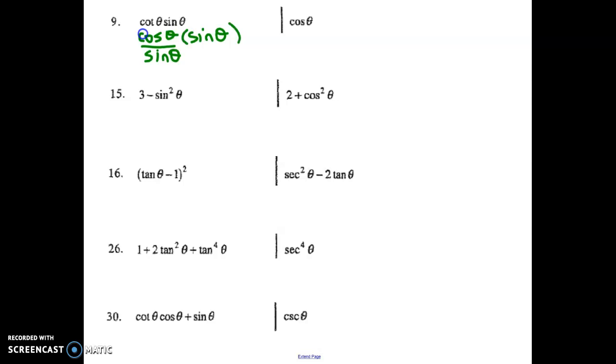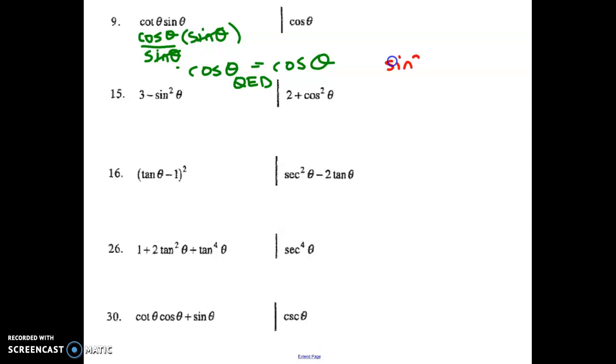Now, when you have a sine theta being multiplied and a sine theta being divided, you can cancel them out because they're inverse operations. And then that leaves us with cosine theta, which is the same as the other side. So we'd say cosine theta equals cosine theta, and then remember you finish off every proof with QED. Basically means the end or the proof has been finished.